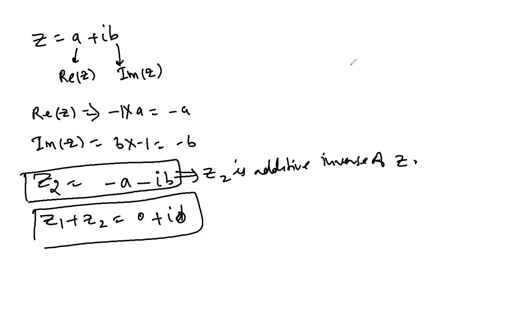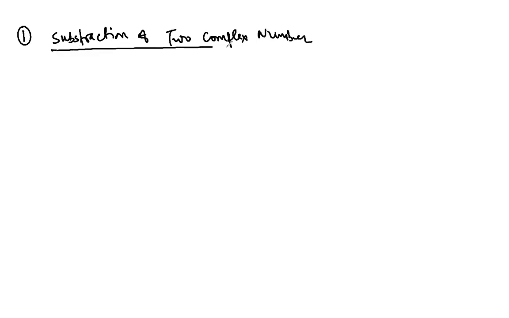So these were the properties of addition of complex numbers. Now the final point for today is subtraction of two complex numbers. Similar to addition, you have complex number z1 equals a plus iota b and z2 equals c plus iota d.